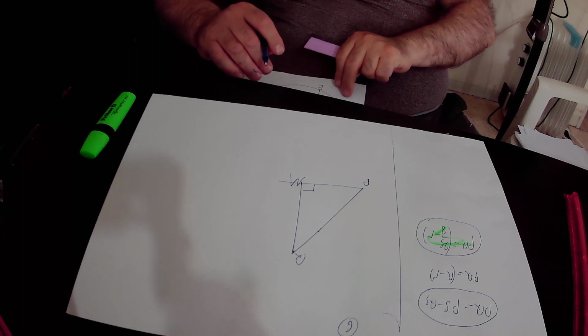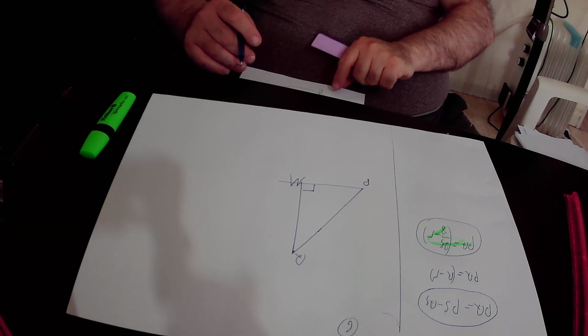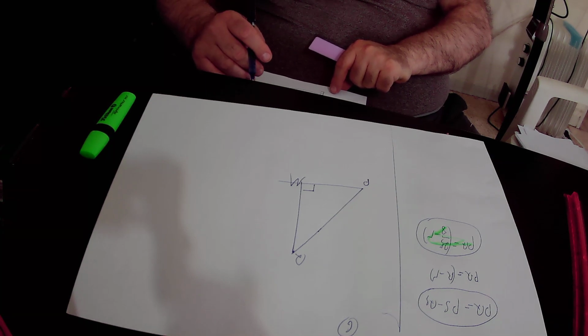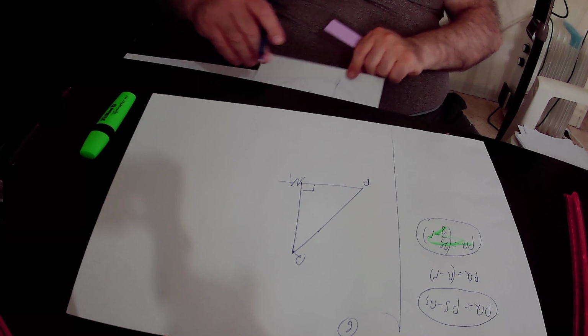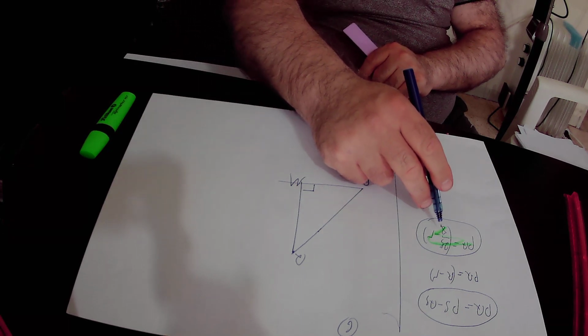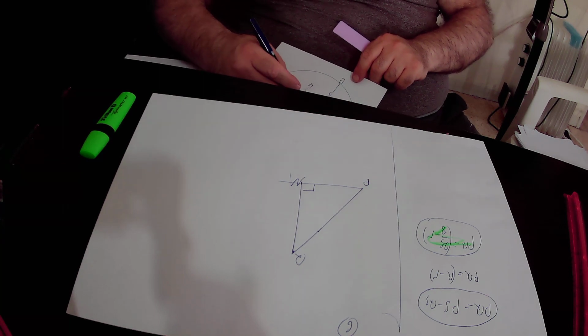We have already found out that QP equals 25/8 minus small r.